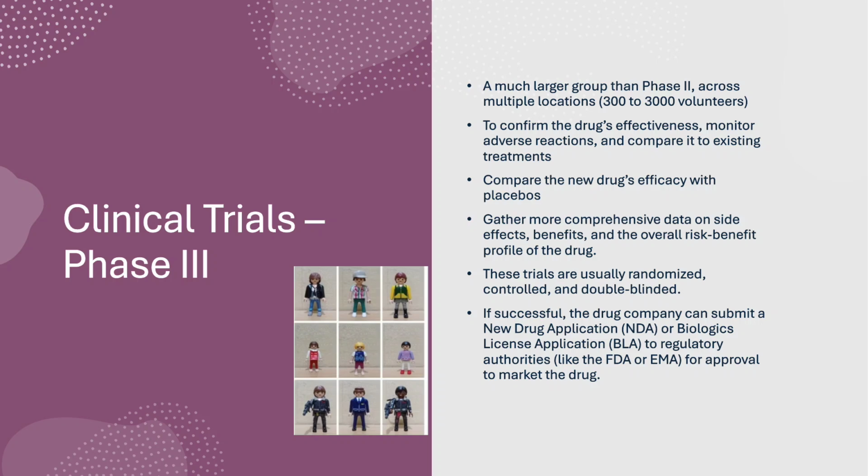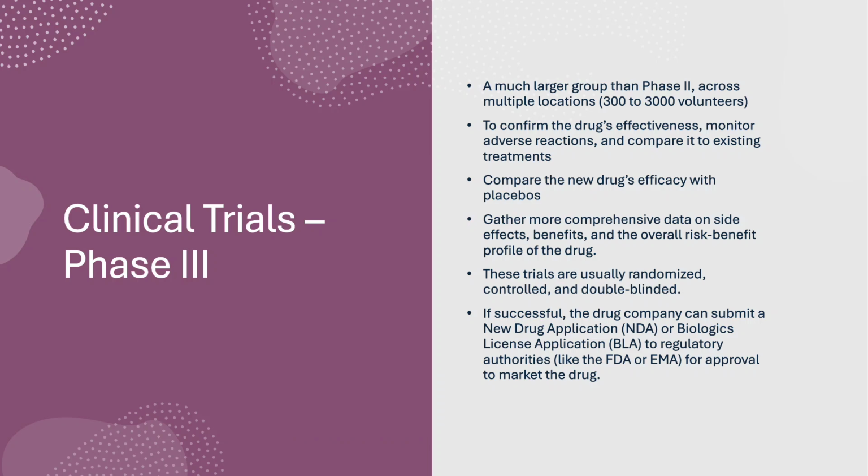These trials are usually randomized, controlled, and double-blinded, meaning neither the patients nor the researchers know who is receiving the drug versus a placebo. If successful, the drug company can submit a new drug application or biologics license application to regulatory authorities like the FDA or EMA for approval to market the drug.